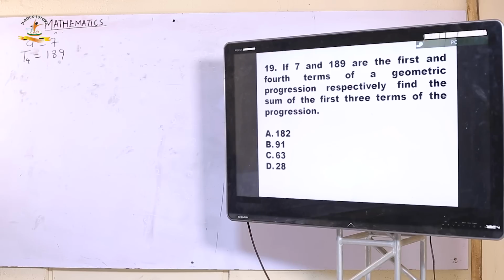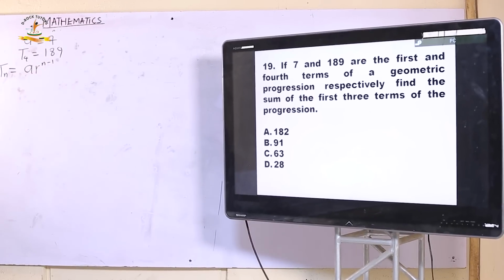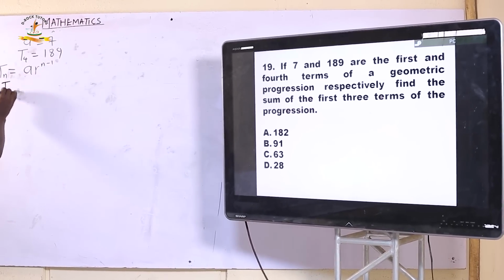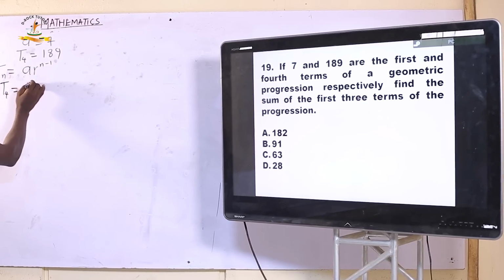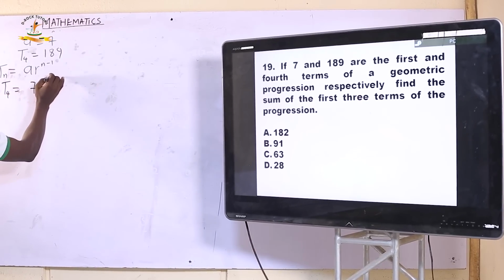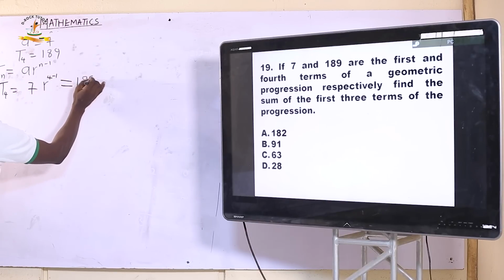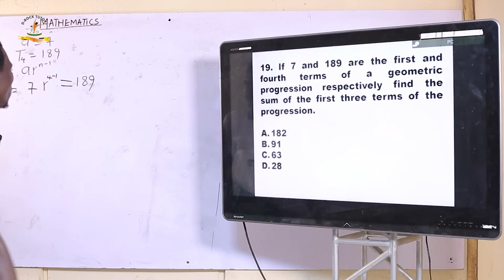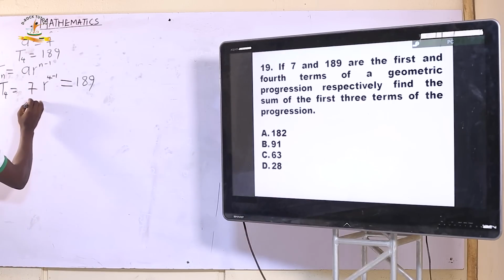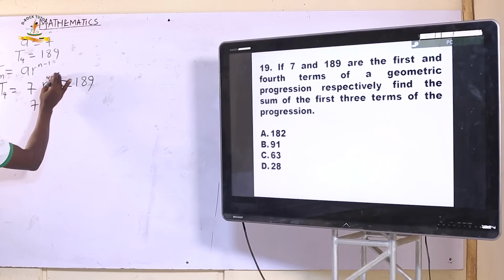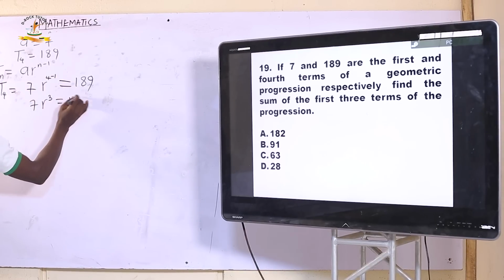However, we need to remember that our Tn for any geometric progression is going to be A R raised to power n minus 1. So our T4 becomes A, which is 7, times the common ratio raised to power 4 minus 1, and we're given as what? 189. That is simply that way. And with this, we can say 7 r raised to power 3, because 4 minus 1 is 3, is equal to 189.